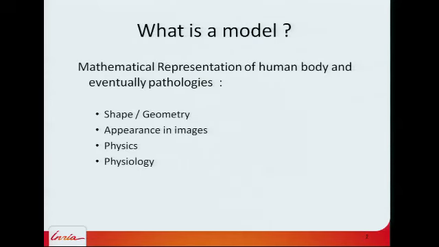In this lecture, a biophysical model is a mathematical representation of the human body and eventually its pathologies. It encompasses fairly different representations. The term model is usually taken in a very ambiguous manner.